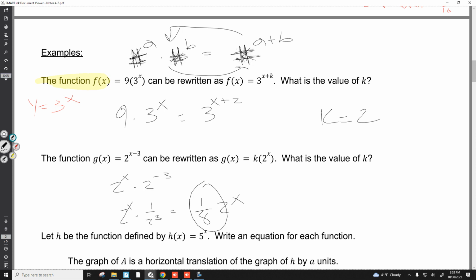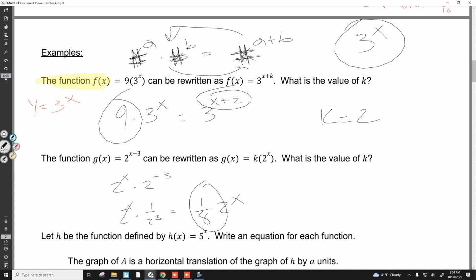Ready? A vertical dilation of 9 is equivalent to a horizontal shift left 2. A vertical dilation of 9 is equivalent to a horizontal shift of 2 to the left. Elander, if you take 3 to the x and multiply it by 9, what would you say that transformation is?